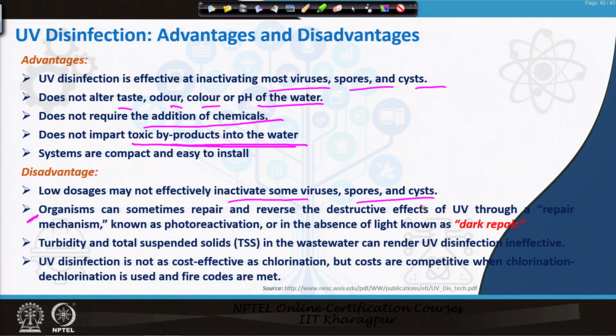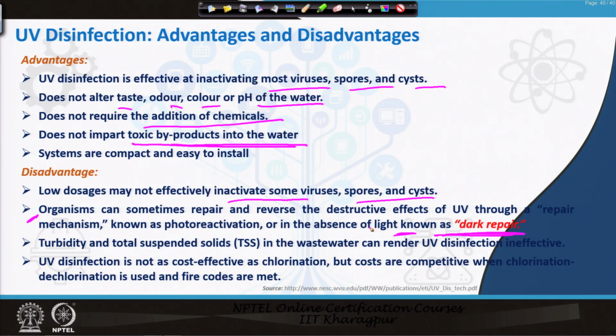Whatever destructive effect UV is causing on the organism, they can repair through a repair mechanism, which is photoreactivation, and this also happens in the absence of light, known as dark repair. So, through this dark repair process, there is a possibility of microorganisms reactivating themselves. But again, the evidence for this is very little.